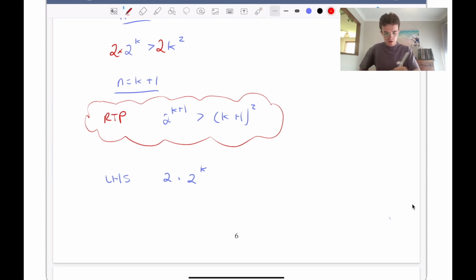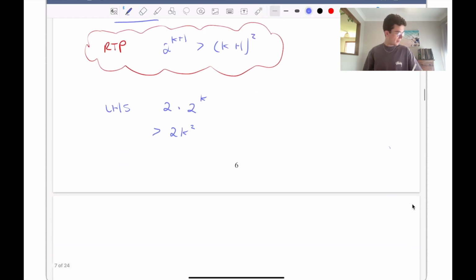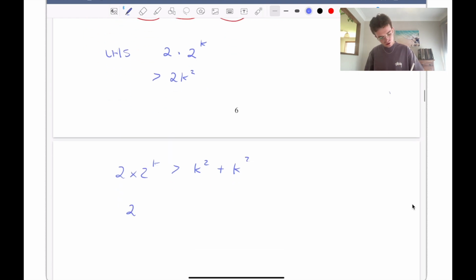So in other words, 2 times 2 to the k is greater than k squared plus k squared, and 2 to the k plus 1 is greater than k squared plus k squared.